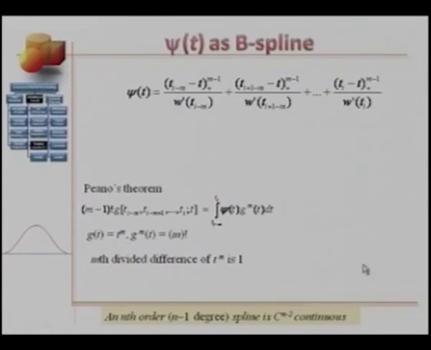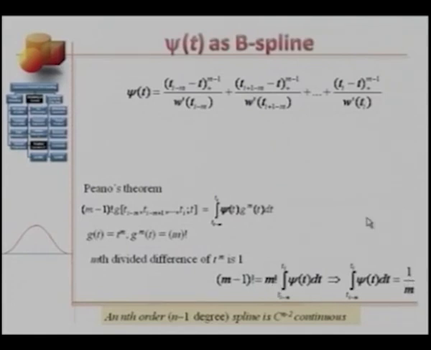If you plug in this information here and this information here, we will have (m minus 1) factorial equals m factorial times the integral from t_i minus m to t_i of psi of t dt, which would mean that the integral of psi of t dt with limits t_i minus m to t_i is equal to (m minus 1) factorial over m factorial, which is 1 over m.